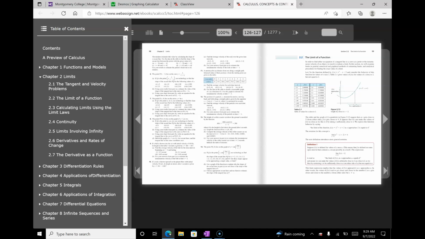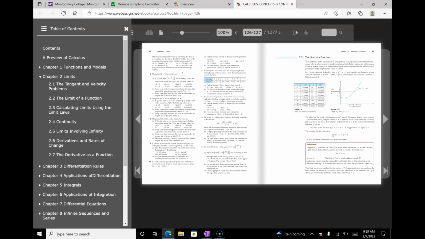Yeah, rough sketches always. So you're doing secants to get the slopes of the secants, right?